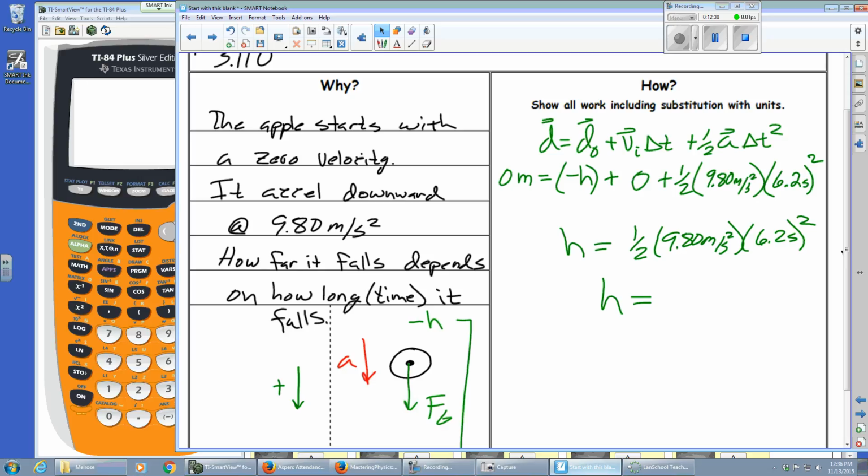And they asked me about how far I traveled because I was accelerating for a certain amount of time, so it seemed to fit with that equation. Some people would say, well, I picked the one that I knew the most variables out of. And that can work. I prefer to look at it and say, okay, this is what the equation means, and this is what the problem means, and match them up that way. Whatever makes better sense to your brain.